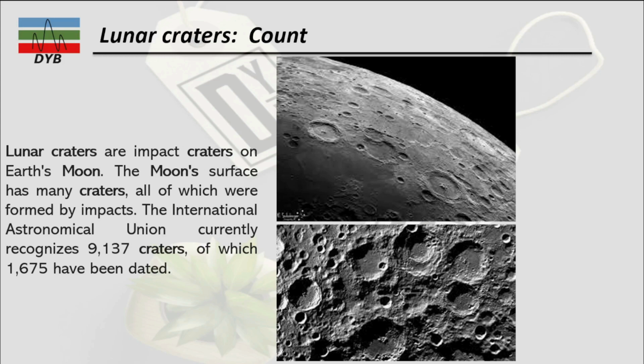So let's look at the count of how many craters we have on the surface of the moon. From these figures, you can see the number of craters you can observe on the surface of the moon.